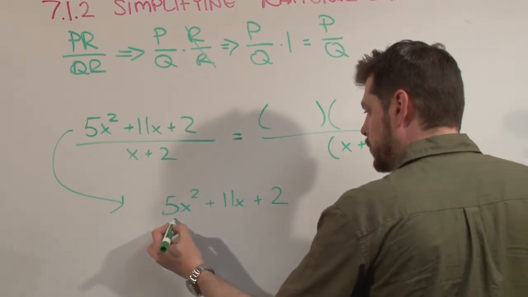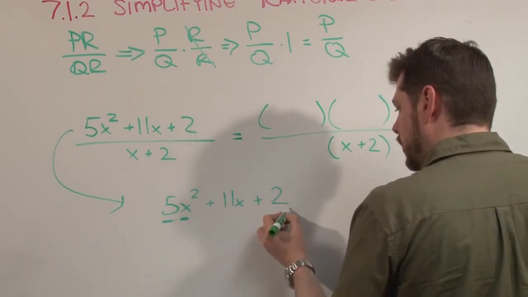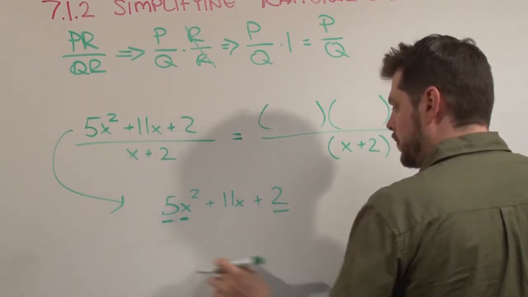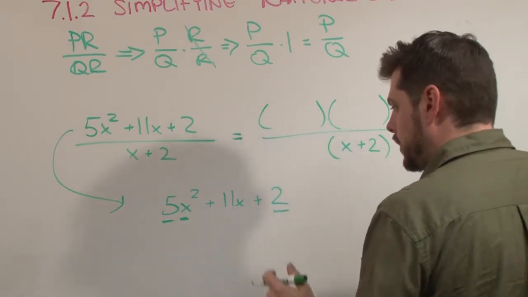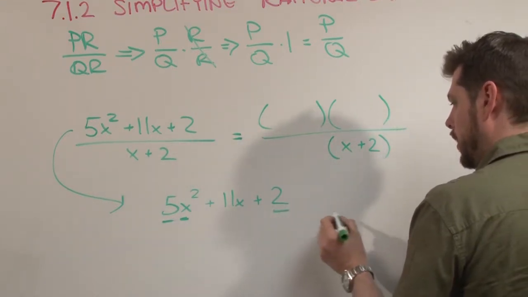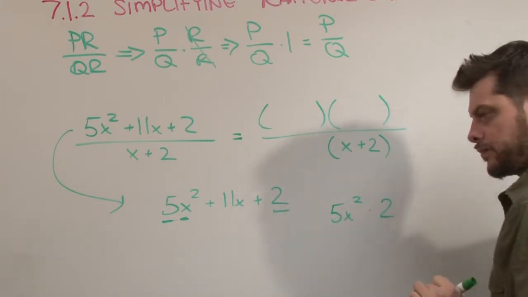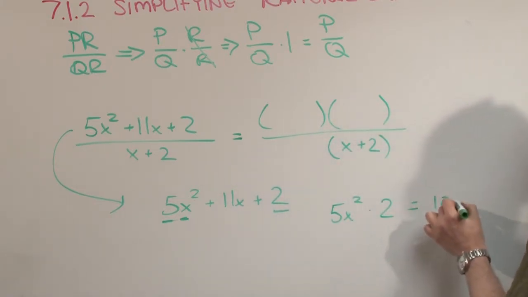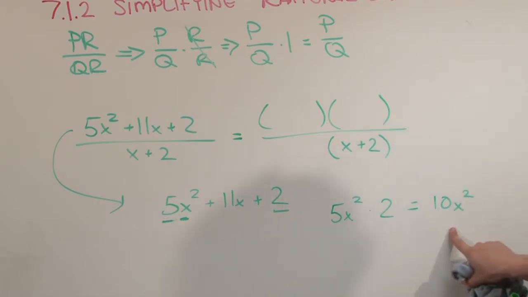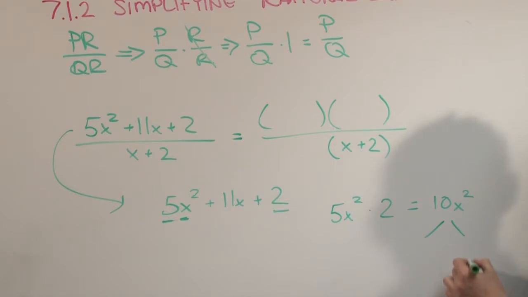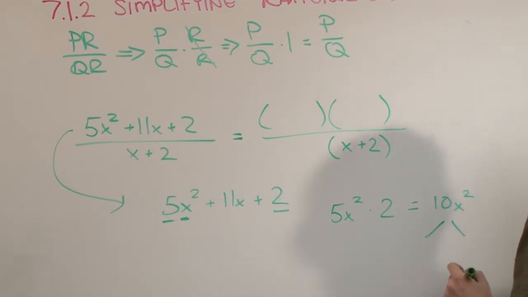So what we're going to do is look at our first term and our last term, and we need the product of 5x squared times 2, which is 10x squared. All right? But we need to break this up so that we can rewrite this as a collection of two terms.